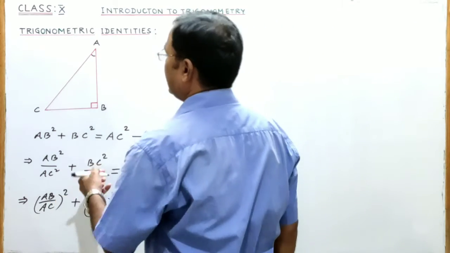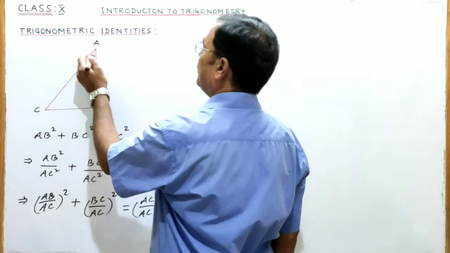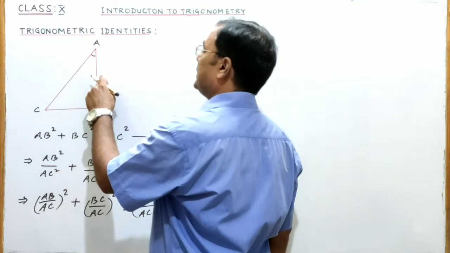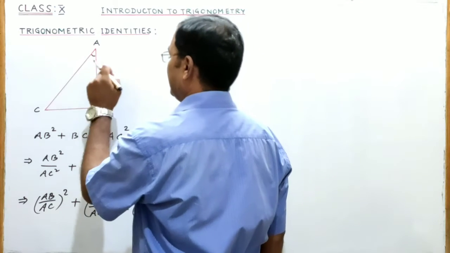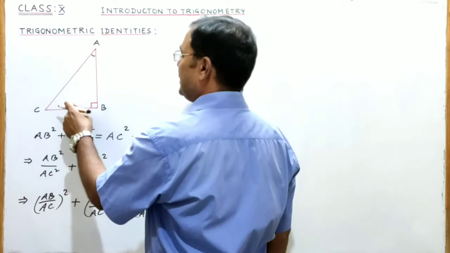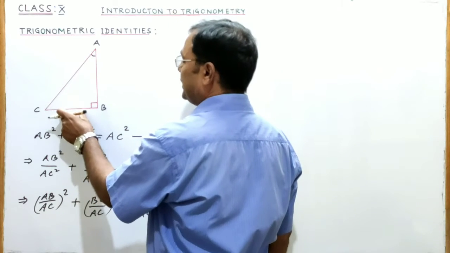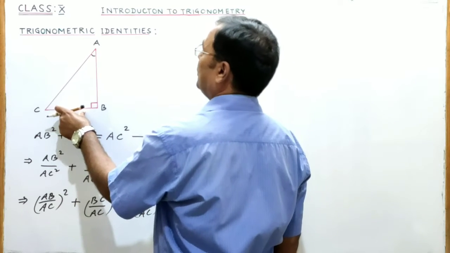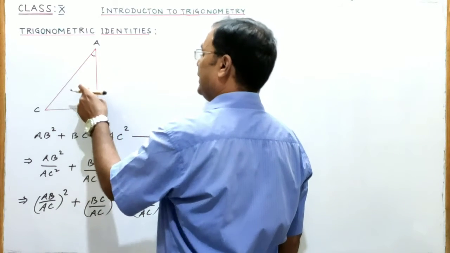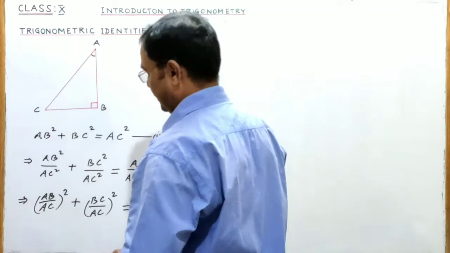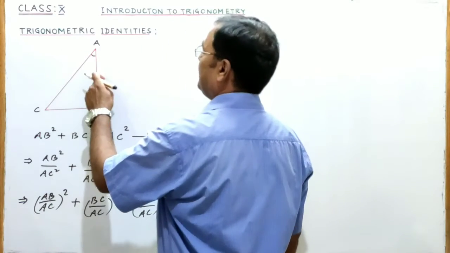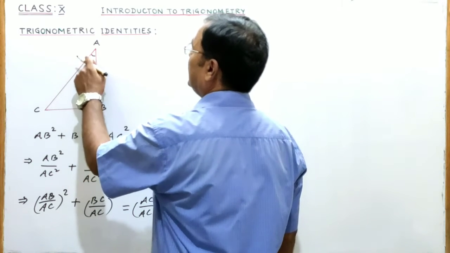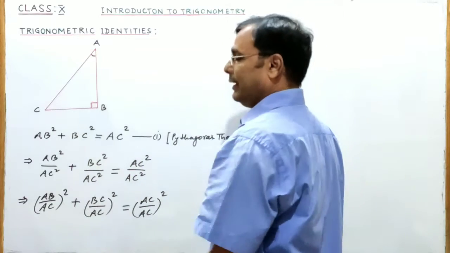Now see in the figure. For acute angle A, AB is the adjacent side, so it will be treated as the base of the triangle ABC. And side BC is the opposite side, so it will be treated as the perpendicular of the triangle ABC with respect to acute angle A, and AC is the hypotenuse. So AB by AC is base by hypotenuse, and base by hypotenuse is cos of this acute angle A.